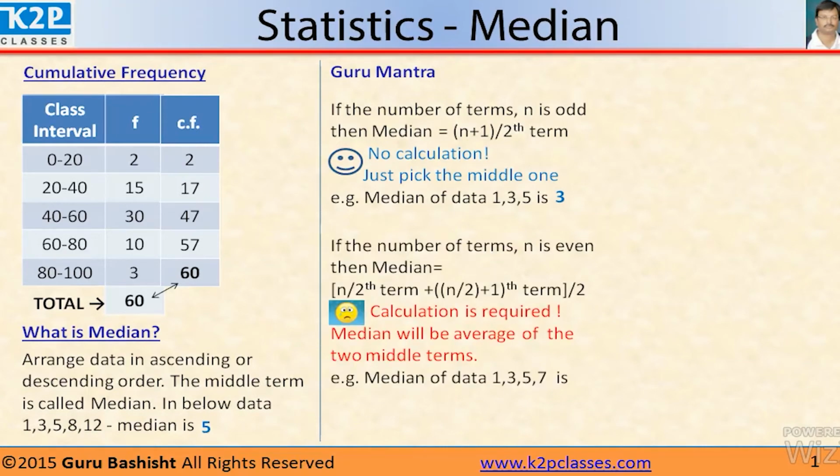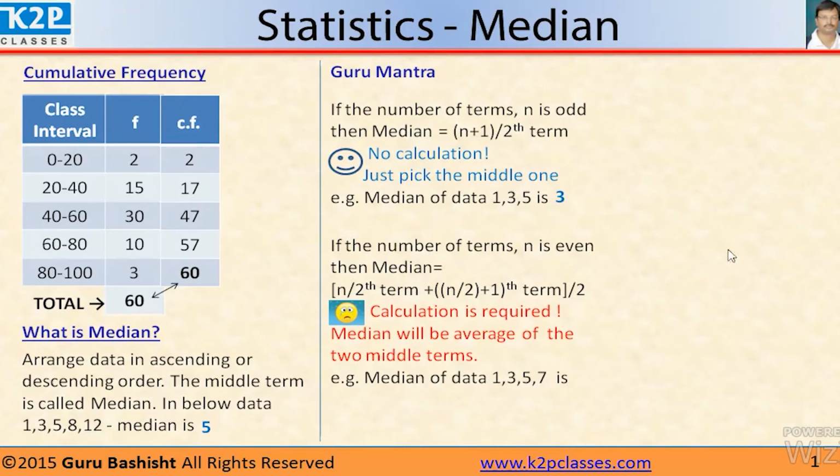If the number of terms n is even, then the median is the n by 2 th term plus the (n by 2 plus 1) th term. Add both and then divide by 2. So here some calculation is required. The median will be the average of the two middle terms.